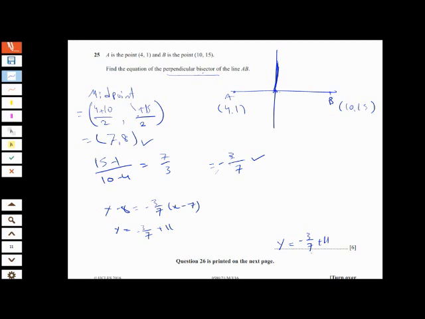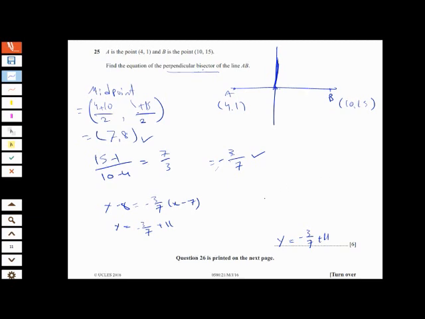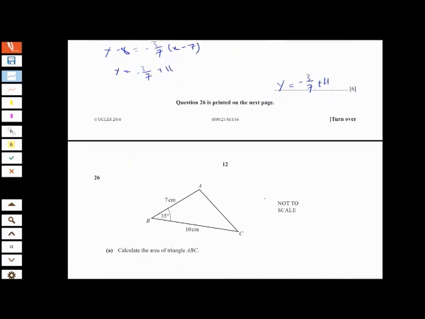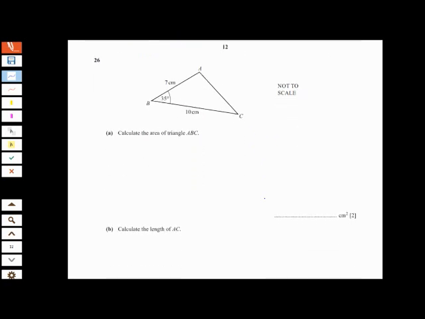Alright, on to the last question, which is question 26. Calculate the area of triangle ABC. Simply use this equation: half times a times b, which is 7, times 10, times sine of the angle between them, which is 35.